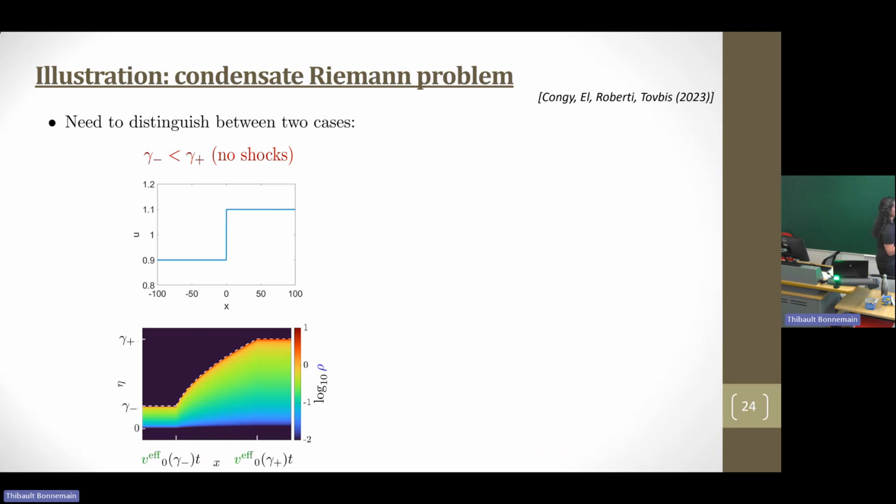There are no shocks. You can see this also from here, where you have the evolution of the support in space. And as before, you have something that is self-similar. You have genus 0 on the left and the right, and in between you have a genus 0 with gamma that varies with the self-similar exponent. And that produces a rarefaction wave in terms of the fields, which I will show you a bit later.